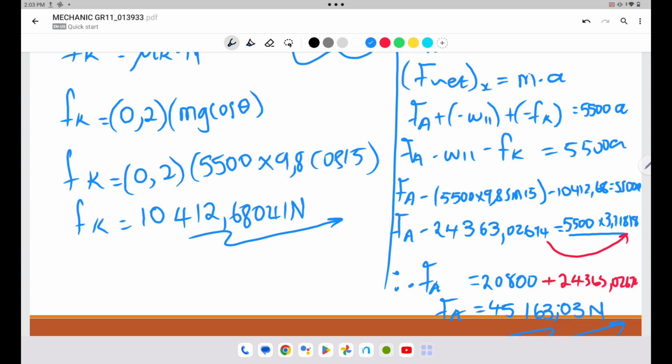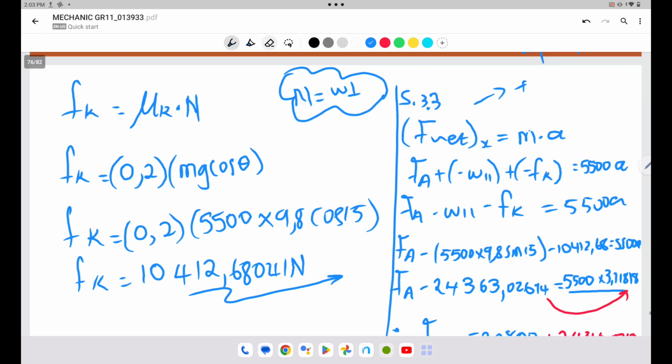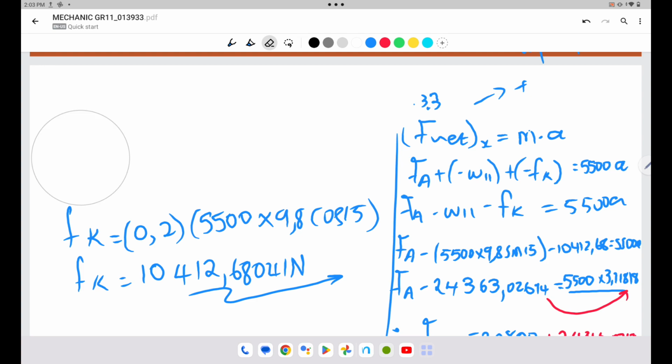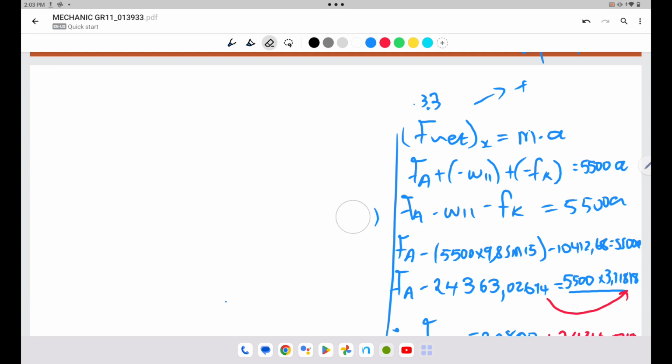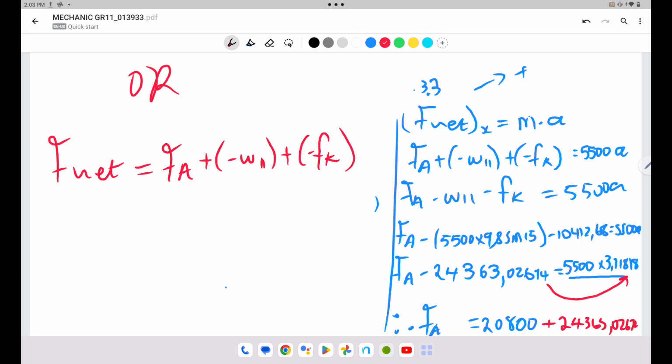And to get the applied force, I have decided to use Newton's second law of motion. But you were not forced to use Newton's second law of motion. If you like, you could have just simply used the definition of the net force. So I'm going to say or. Using the definition, we have that F net is equal to applied force plus or minus the parallel component plus or minus Fk, depending on the directions.